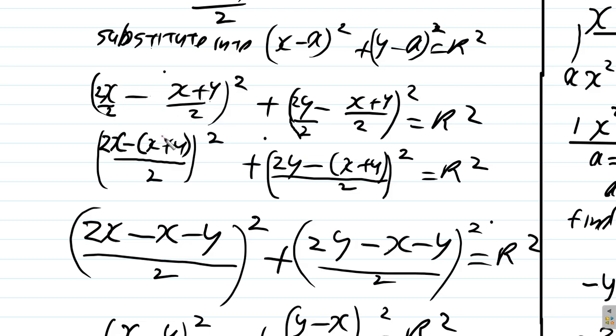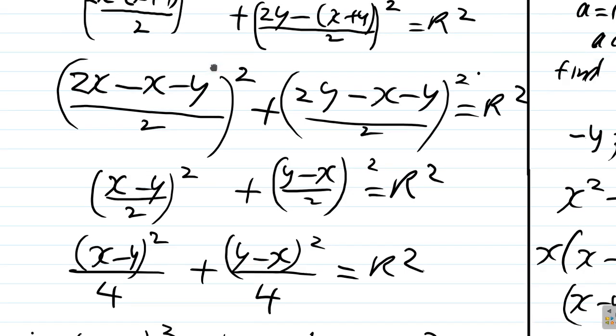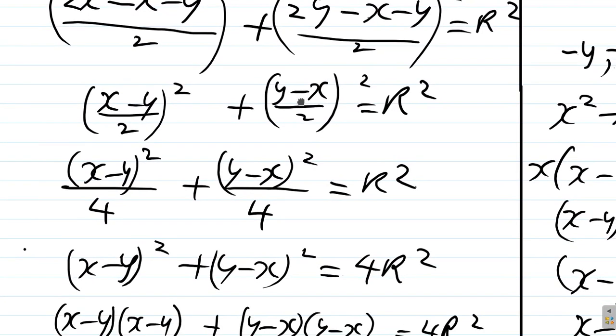We have (2x minus (x plus y)) over 2, and then (2y minus (x plus y)) over 2, equal r squared. So here now, the brackets: (2x minus x minus y) over 2 plus (2y minus x minus y) over 2 equal r squared. It simplifies to this, right?